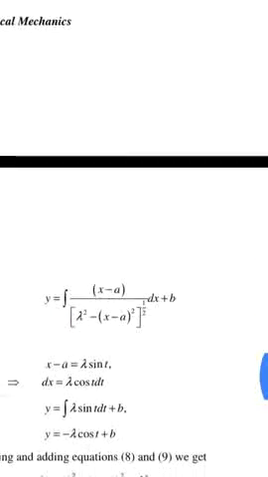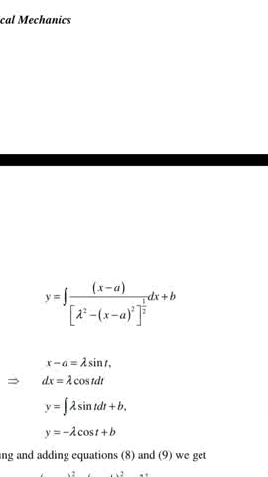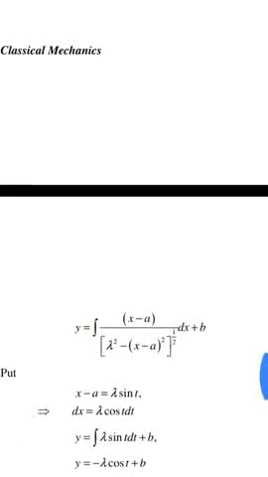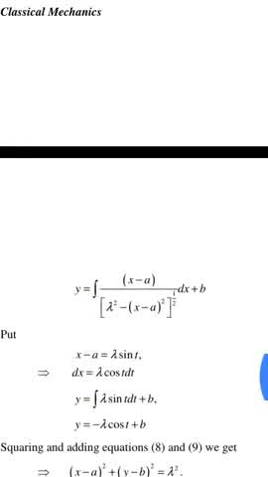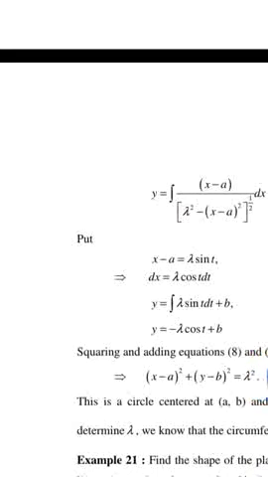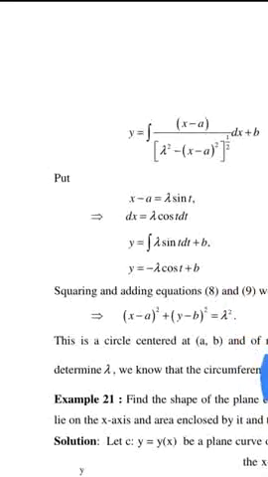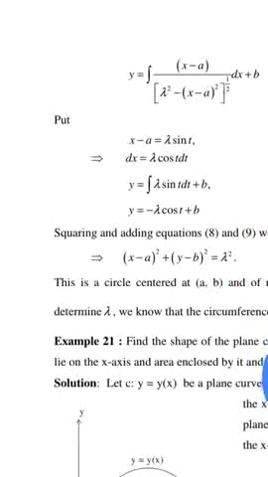We put x minus a equal to lambda sin t. Therefore, dx is equal to lambda cos t dt, and therefore y is equal to the integral of lambda sin t dt plus a constant of integration b. Y is equal to minus lambda cos t plus b.